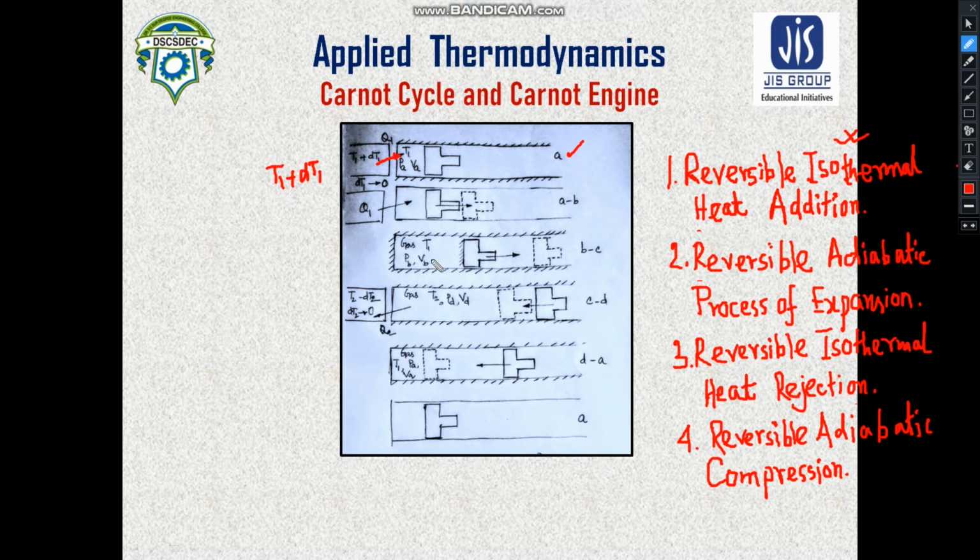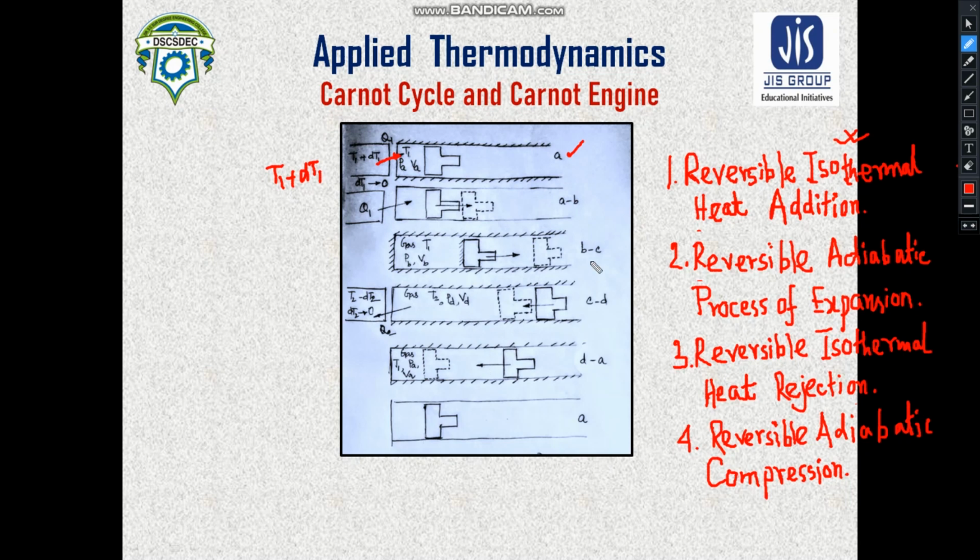So insulating all the possible walls of the cylinder piston arrangement, we can see the gas is expanding and an adiabatic expansion process takes place. This is obviously a reversible process. In the Carnot cycle, all the processes are reversible, and because of Carnot's theorem, you know that reversible engines will give you the maximum efficiency. This is why all the processes have been idealized as reversible.